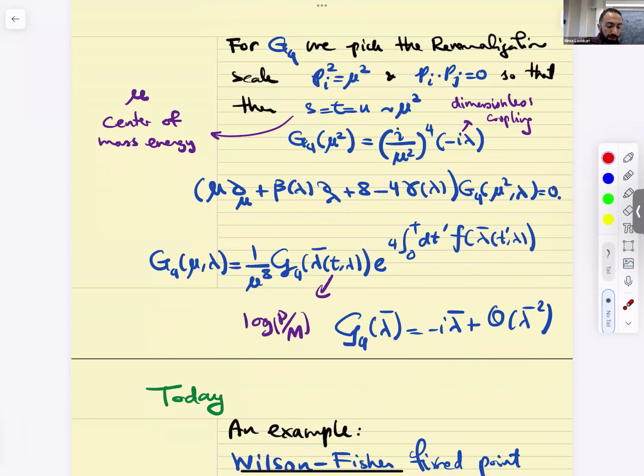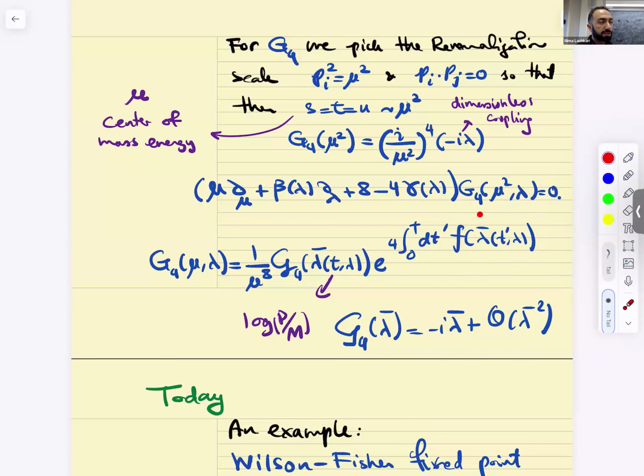Right? So you could formally, using this characteristics method, write down the solution to this. It's 1 over mu to the power of 8, some function that cannot be determined using general analysis. It depends on the theory. E to the power of 4, integral 0 to t.